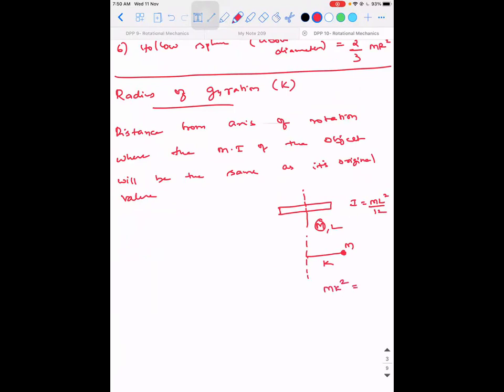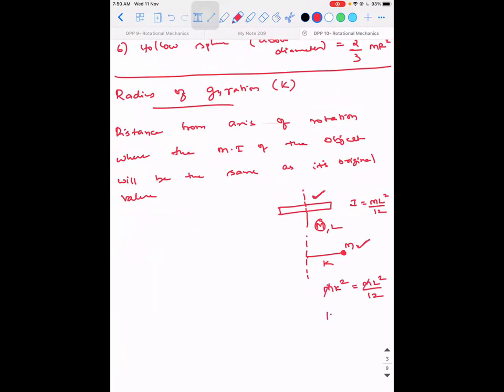This mk square should be equal to ml square by 12. Means what I'm trying to say is I need to replace an extended mass with a point mass of the same value capital M and place it at a certain distance from the same axis of rotation such that the moment of inertia of that particle mass is exactly equal to the moment of inertia of the extended mass.